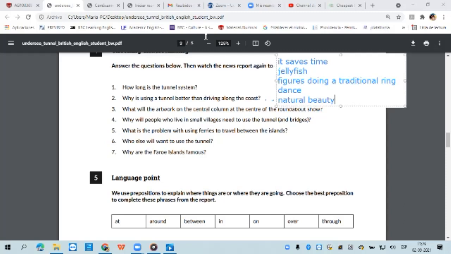I don't know if an underwater tunnel is something ecological.